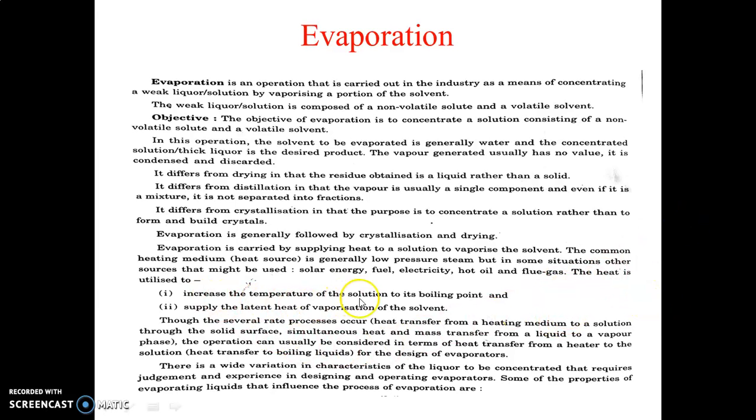To increase the temperature of the weak solution to its boiling point and supply the latent heat of vaporization of the solvent, so that the solvent is evaporated. These are the purposes of providing heat to the weak liquor.